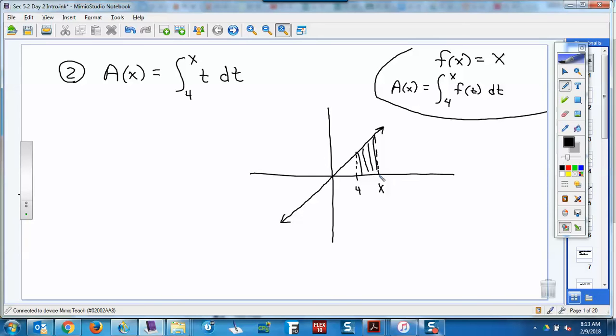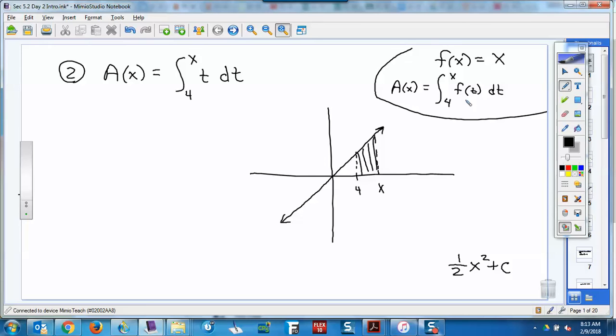I might say, draw a graph, use that to find big A of x. Okay, so I'm looking ahead just a little bit, but we know it's going to be that, right? Because it's going to be the antiderivative. Never lose sight of the big picture here, that this is little f and this is the antiderivative.